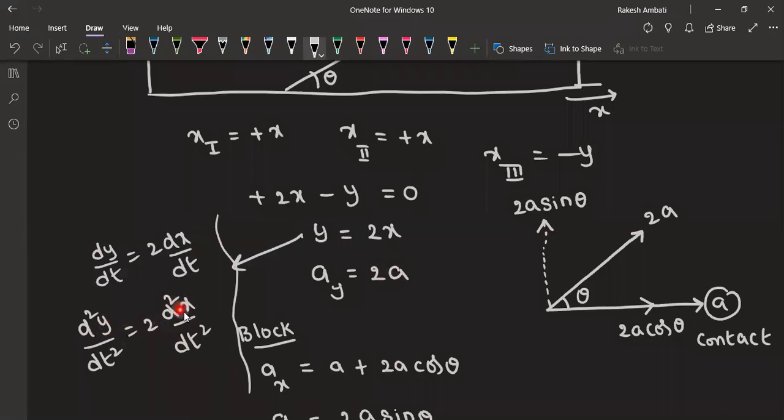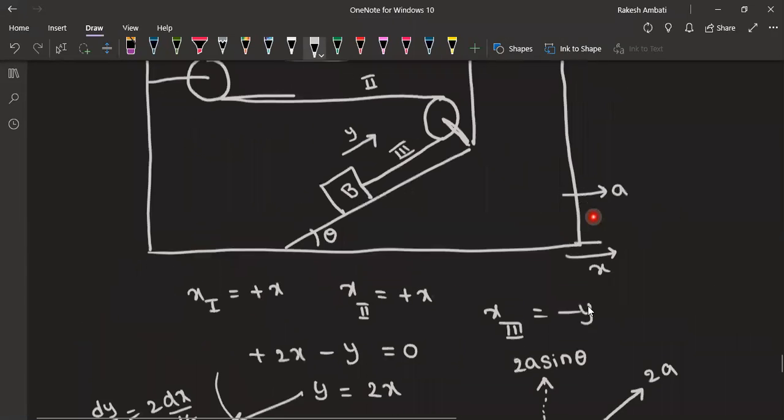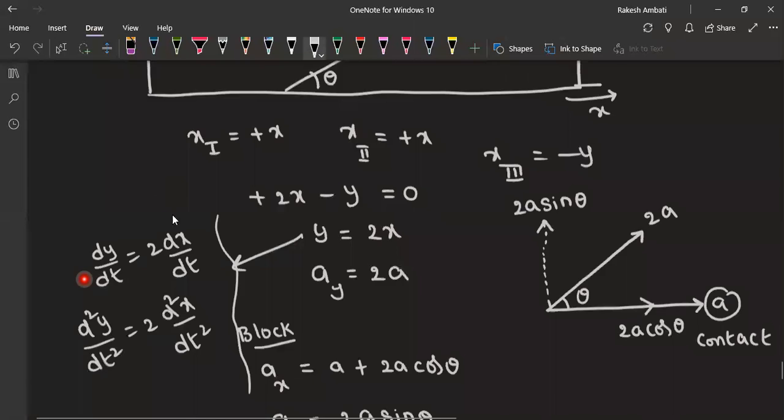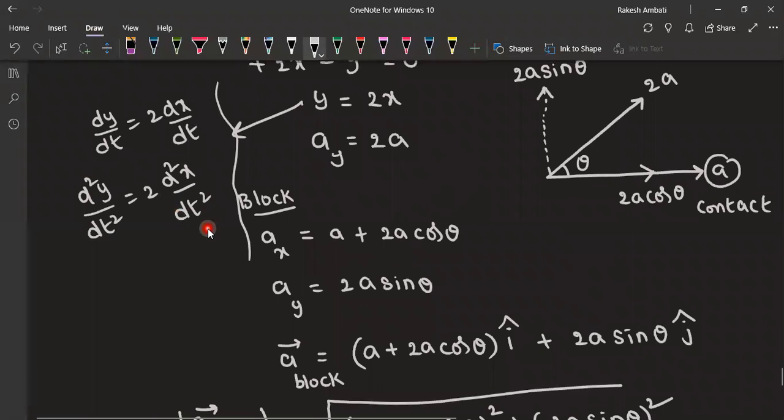Now x value is changing with time, so there is a corresponding acceleration a here. Because x changes, we have the corresponding acceleration a. So in the place of d square x by dt square, it is nothing but 2 into a.